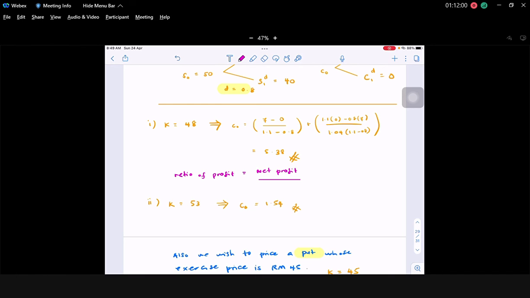Okay, so refer kepada option. So berapa ratio of profit dekat sini? Unfair jawab 0.35.